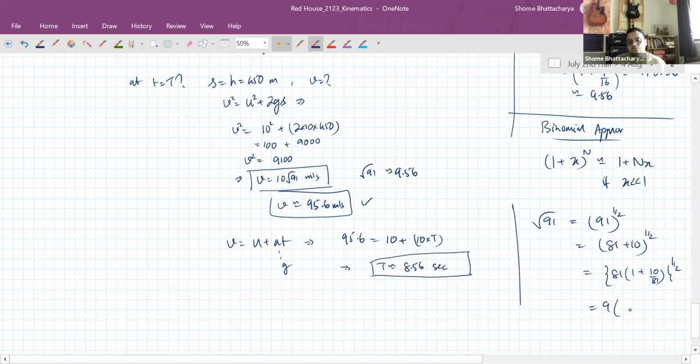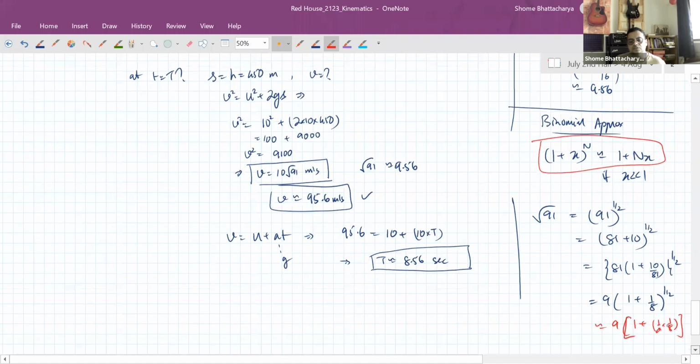So that is 9 into 1 plus, now 10 by 81 is almost 1 by 8. It's slightly smaller, but 1 by 8 is small compared to 1. So I can use this approximation. So this will become 9 into 1 plus, now n is half and x is 1 by 8.